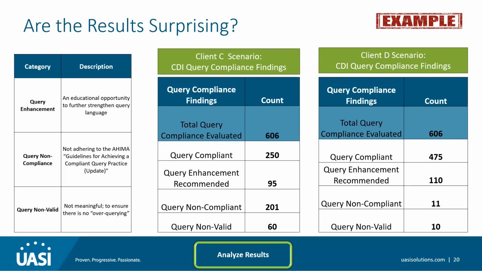So this is more about a hospital system type of example. You had 606 queries that we evaluated, and 250 of them were compliant. Query enhancement recommendations were 95, query non-compliance were 201, and query non-valid at 60.